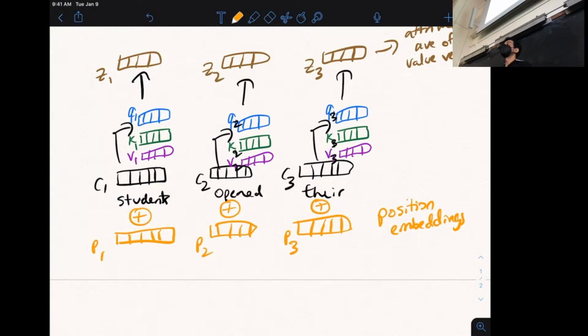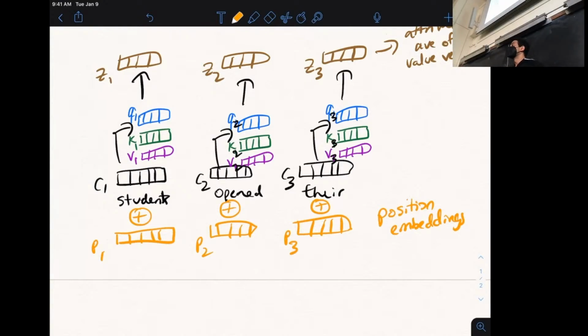You could also imagine having a separate position embedding matrix, just like we do with our word embeddings, right? Remember, we're learning these C sub i's, the word embeddings, they're all in a matrix and they're getting backpropped into. We can do the same thing with these position embeddings. We can randomly initialize them and then backprop into them based on our loss function to update the position embeddings.